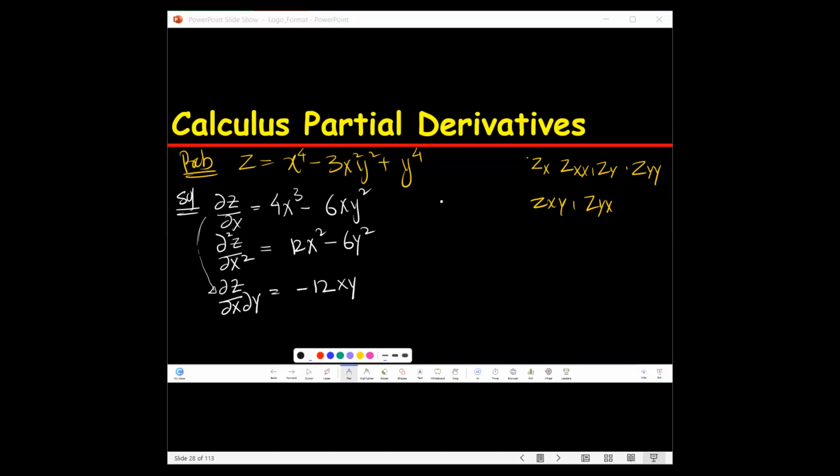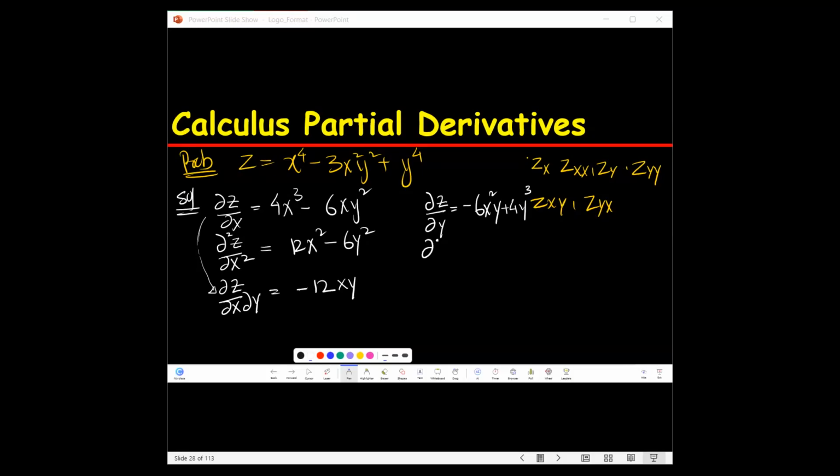Okay, let's go to the other side. dz over dy is equal to, the first one will be 0, then minus 6x squared y plus 4y cubed.